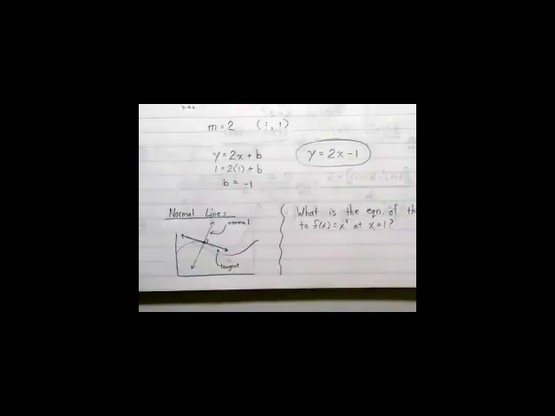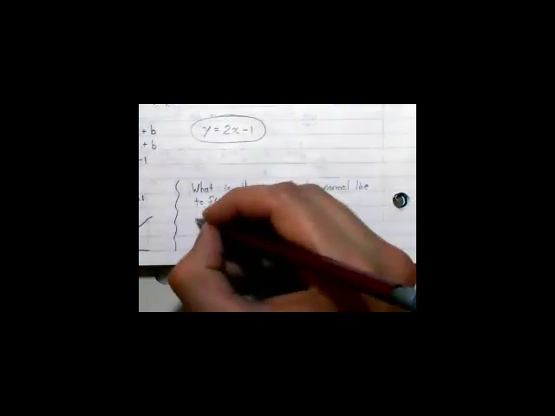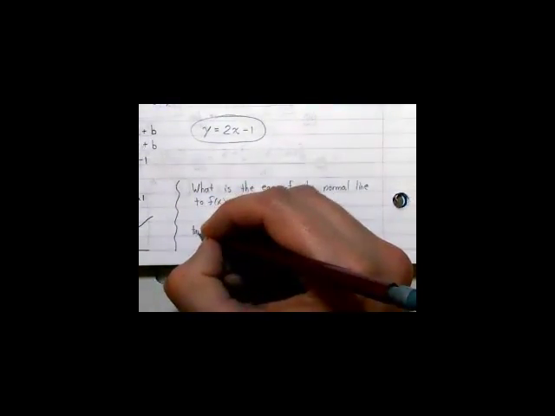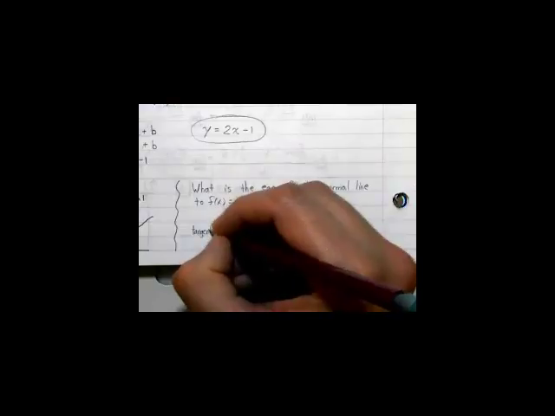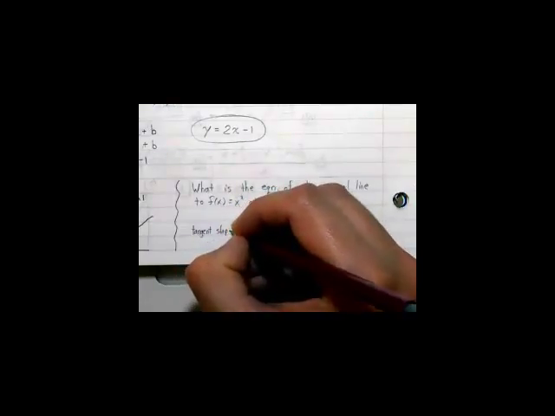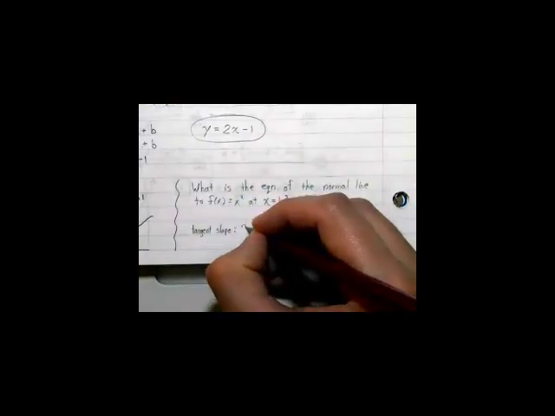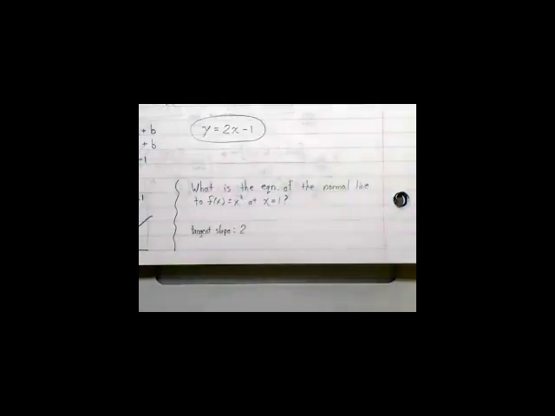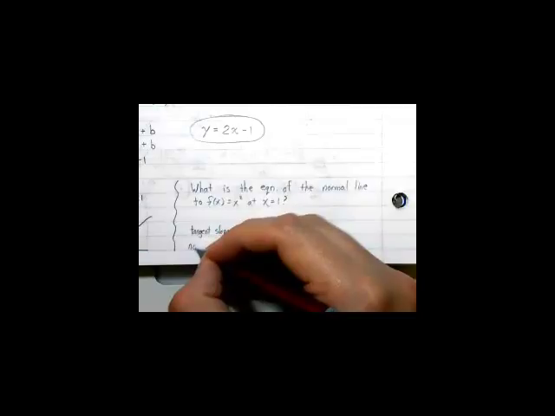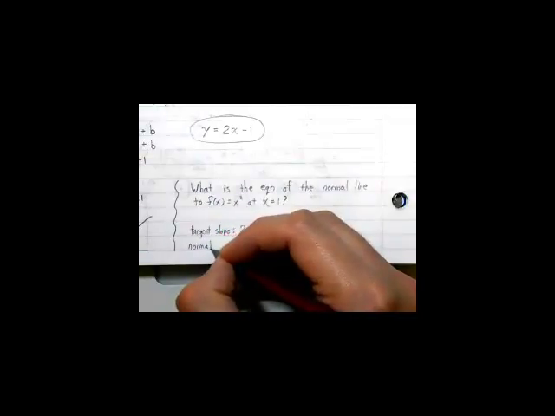Because we've already done the hard work of figuring out the slope of the tangent. Okay? Our tangent slope we already found was 2. If the tangent slope is 2, what's the normal slope? Negative 1/2. Good.